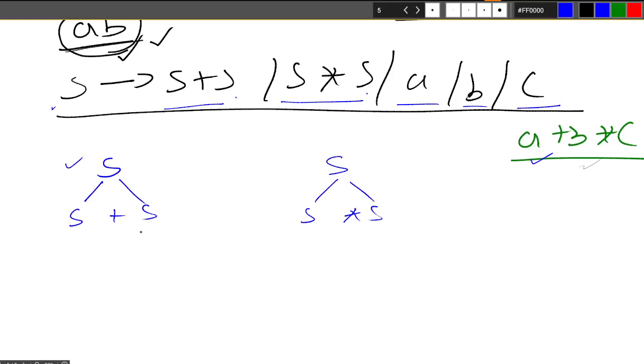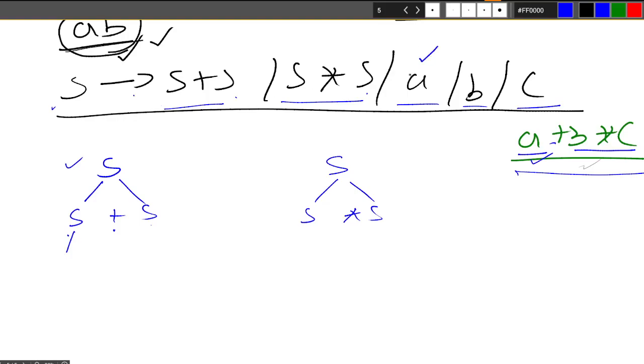In that case, now you are trying to replace these two S's and then finally get your string a plus b star c. So you are getting this plus symbol here. On the left hand side of the plus you will have a, on the right hand side you will try to derive b star c. So I think this S should be replaced by a.